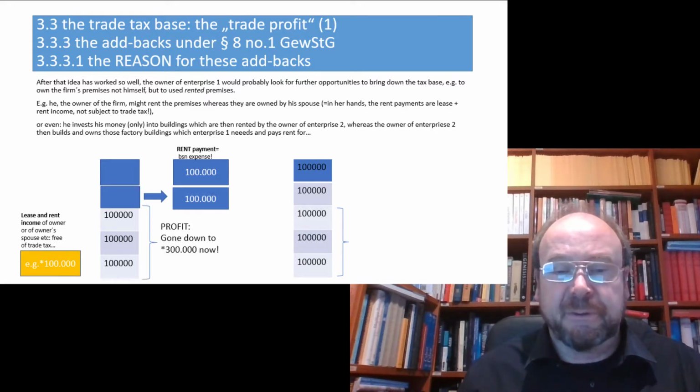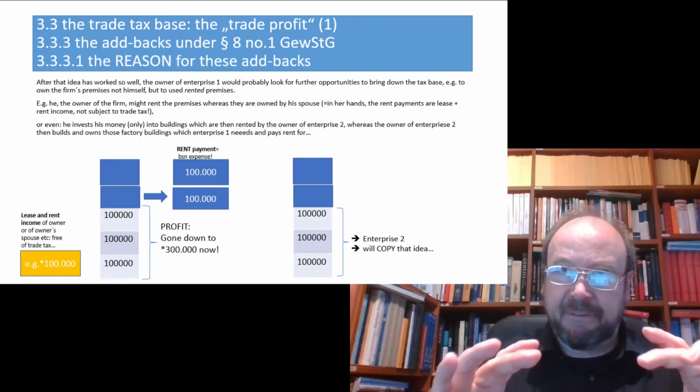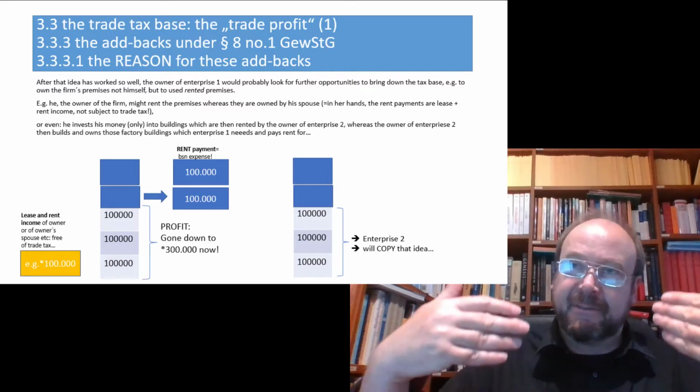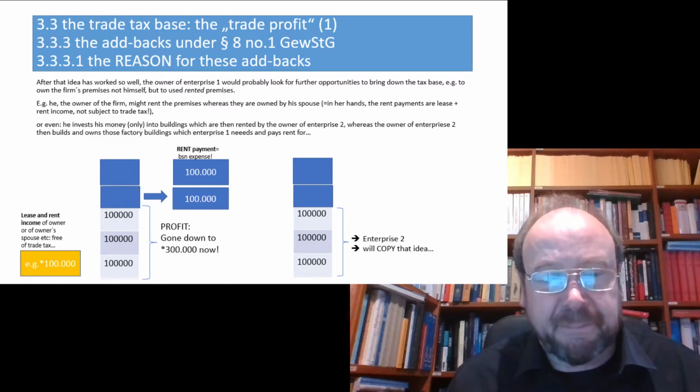So enterprise owner 2 will copy the whole strategy, and again the money vanishes. Now you have a drop down in the trade tax base again. The city trade tax rates will probably have to be increased to compensate for the loss. What happens next?